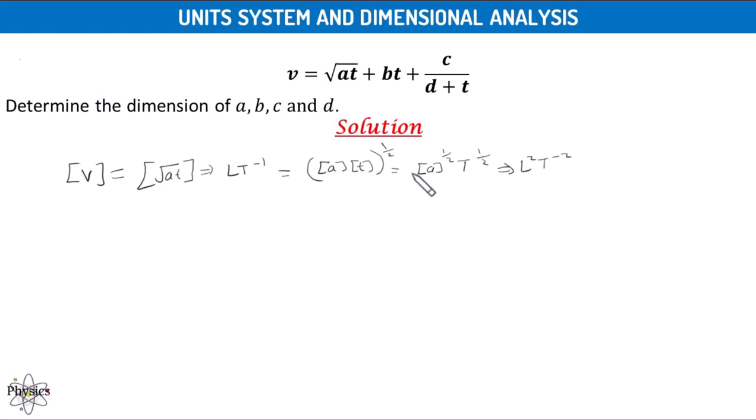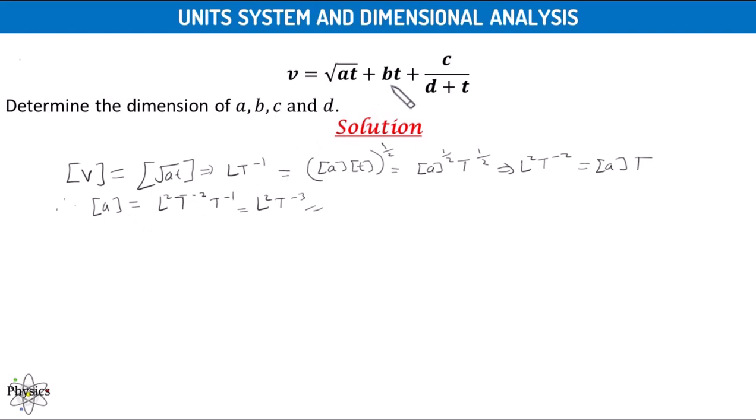If you square this side, we have the dimension of A, and if you square this side, we have just T. So if we make the dimension of A the subject of the formula, we can see that the dimension of A, if you divide both sides by T, is going to be L squared T minus 2 times T minus 1, which is L squared T minus 3. So that's the dimension of A.